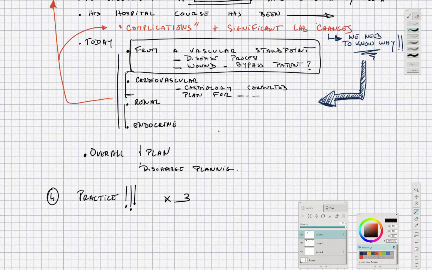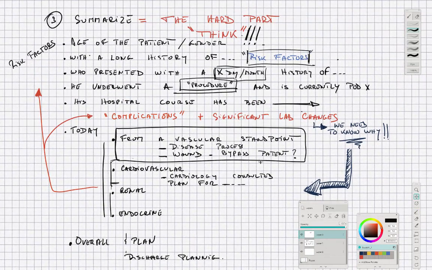So in conclusion, this patient is post-op day X from a femoral distal bypass, had an essentially uneventful course. The plan is to discharge him when he's able to ambulate freely and after physical therapy has been consulted.